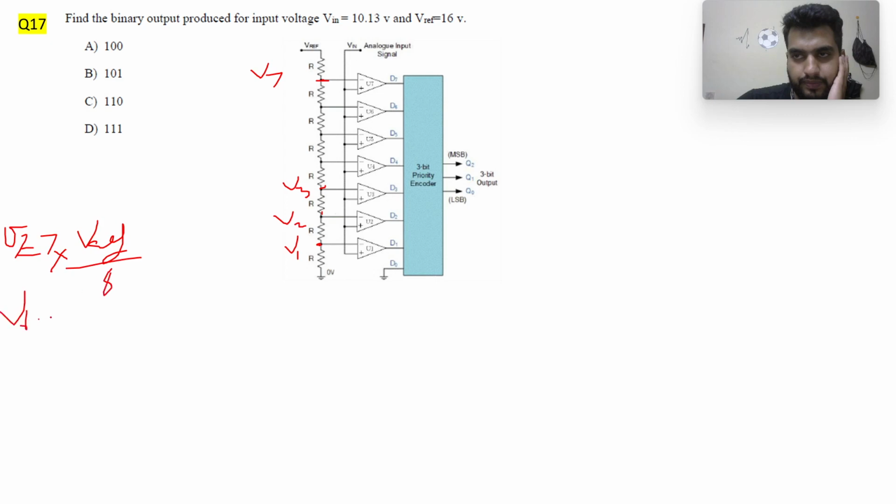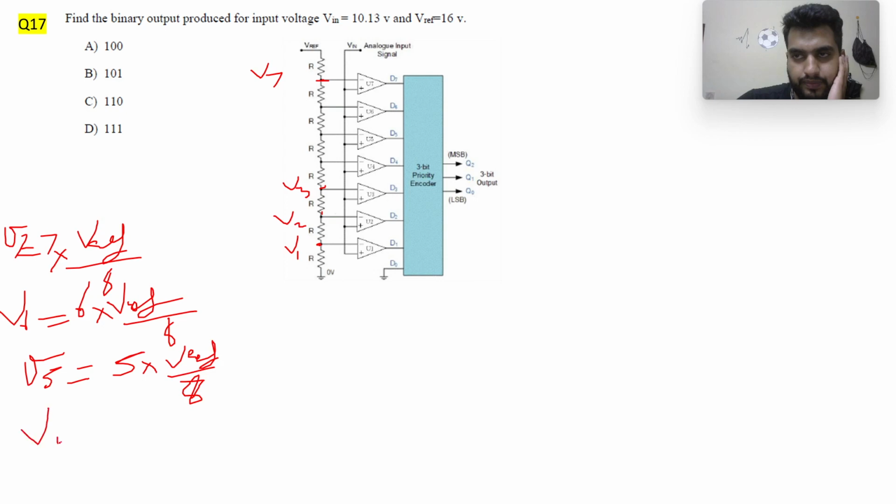So your V6 is equal to 6 times Vref by 8. Your V5 is equal to 5 times Vref by 8. Your V4 is equal to 4 times Vref by 8, and so on up to V1, which is equal to Vref by 8.